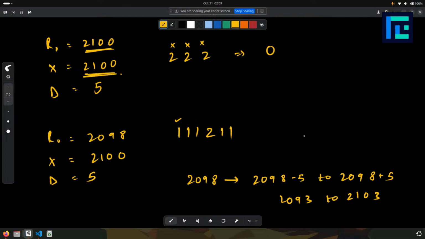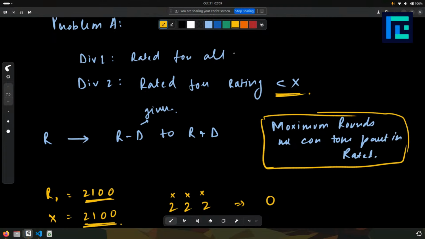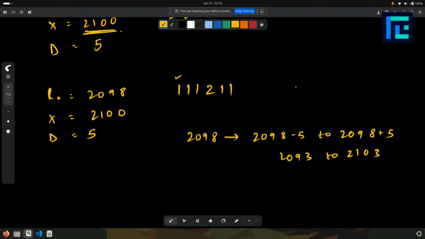So basically, since we need to participate in as many rounds as we can, we will be able to participate in all the div 1s, and to participate in div 2 we need a rating of less than X. So what we can do is we can try to decrease our rating.